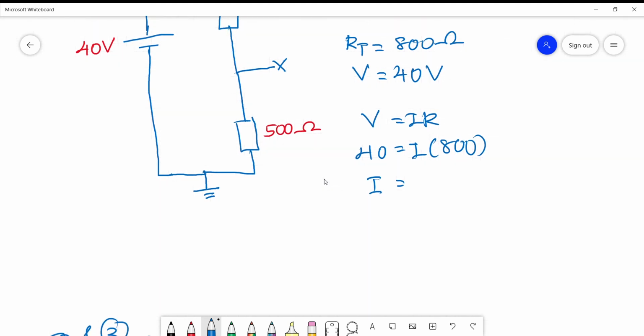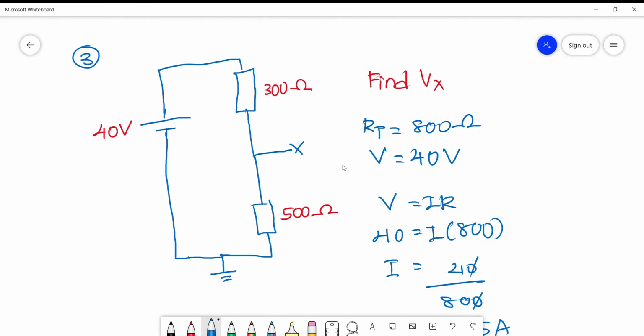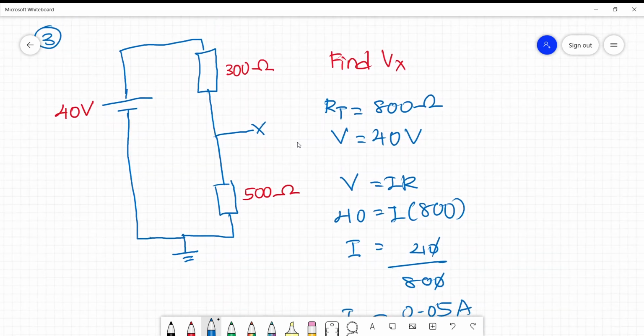So this is 40 divided by 800, and what we get is 0.05 ampere. So we know that 0.05 ampere is moving inside this circuit.